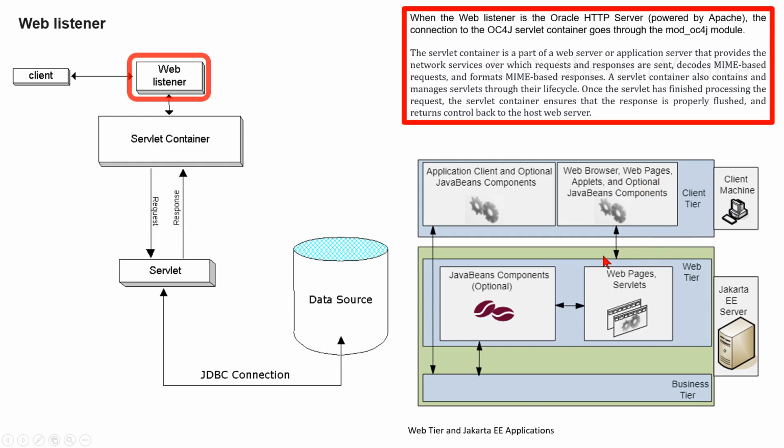As shown in this figure, the web tier, like the client tier, might include JavaBeans components to manage the user input and send that input to enterprise beans running in the business tier for processing.